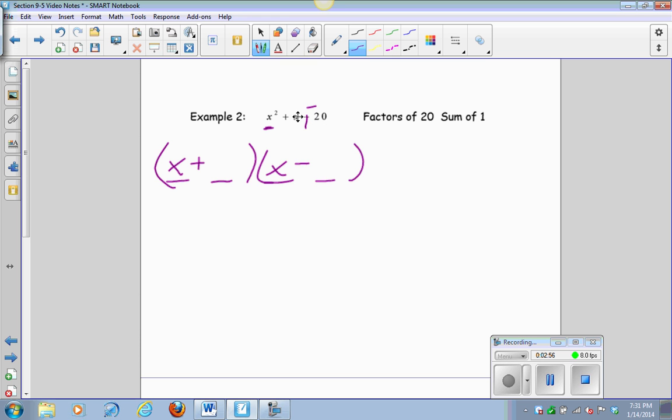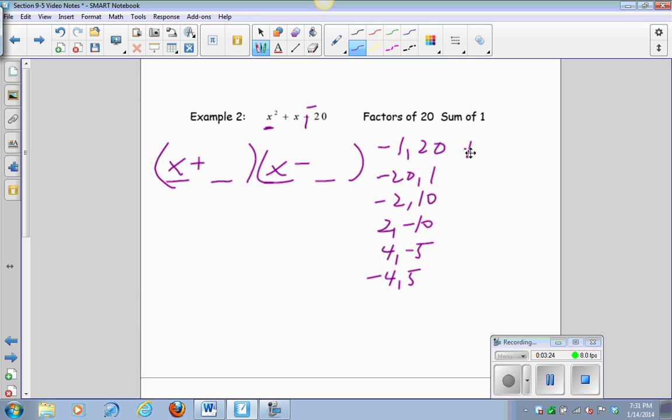Now I need to figure out which two numbers when multiplied together would give me a negative 20, but their sum would be a positive 1. So I'm going to write down negative 1 and 20, negative 20 and 1, negative 2 and 10, positive 2 and negative 10, positive 4 and negative 5, or negative 4 and a positive 5.